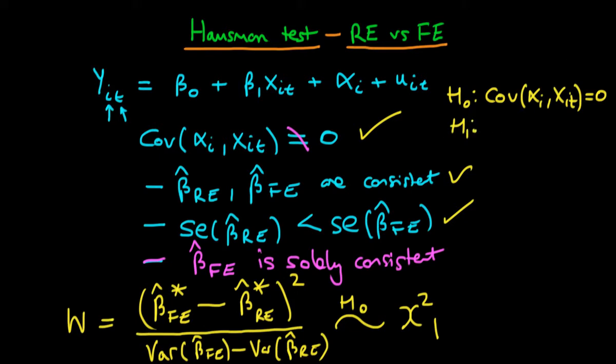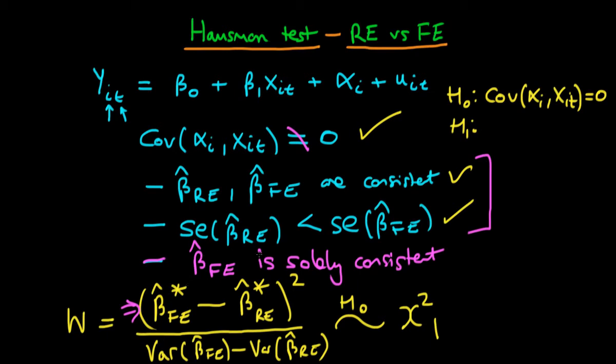Okay, so what's the intuition behind this particular test statistic? Well, the way in which it works is that if the null hypothesis is true, then we know that these two particular statements are true. So we know that both random effects and fixed effects are consistent as a starting point. And if they're both consistent, then the difference between these two estimates, which is kind of what this numerator is, should be very, very small.